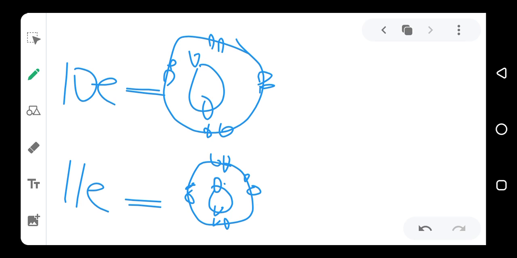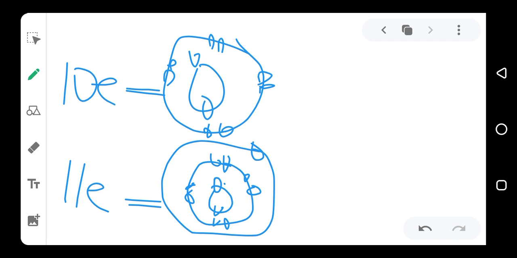Now the third one will carry 2 plus 8 is 10, so remaining 1. We carry just 1. Now we have 2 and 8.